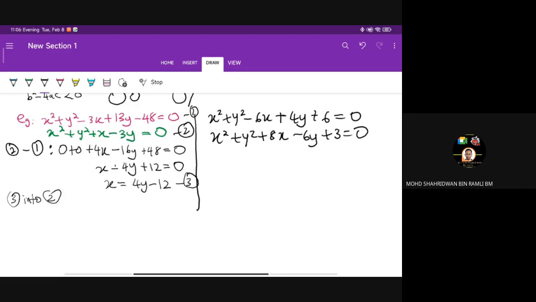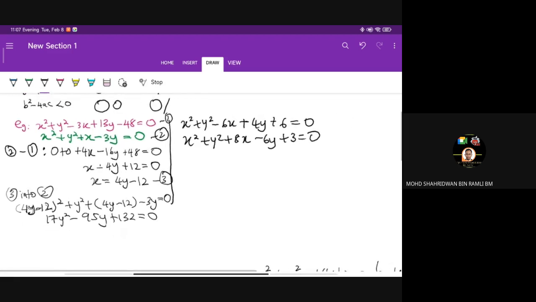So x square will be (4y minus 12) square, plus y square, plus x, which is 4y minus 12, minus 3y equal to 0. Then you expand this one, and you will have 17y square minus 95y plus 122 equal to 0.